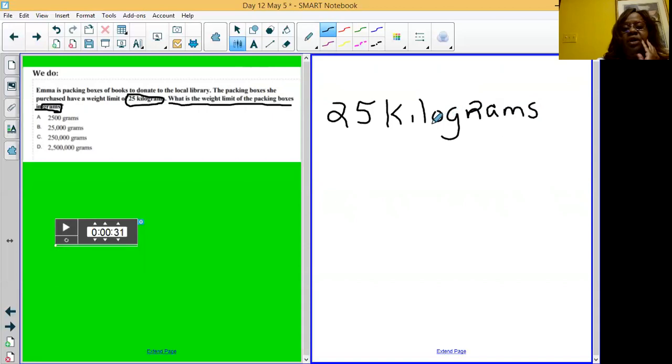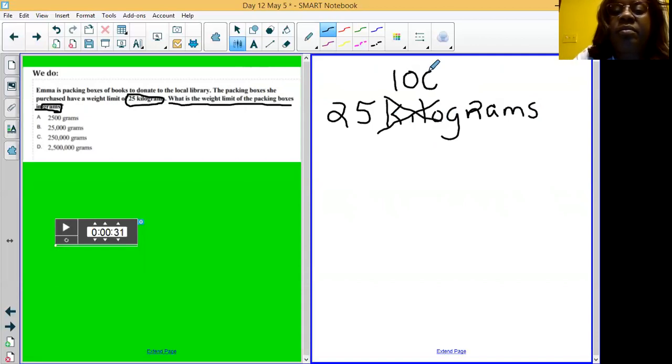All right, I have 25 kilograms, and I see the word kilo. I'm going to exit out, and I'm going to write 1,000 above it. And I'm going to put a multiplication sign. So I'll stop right there.